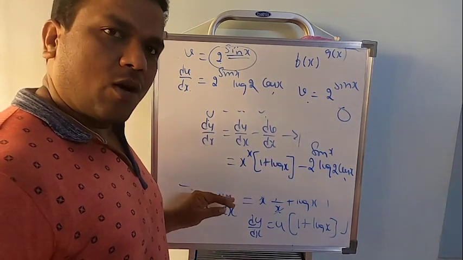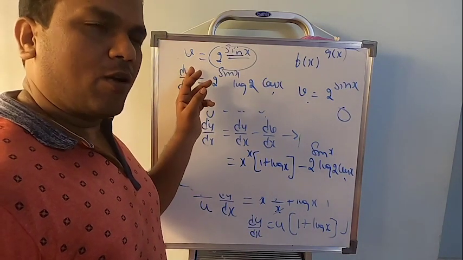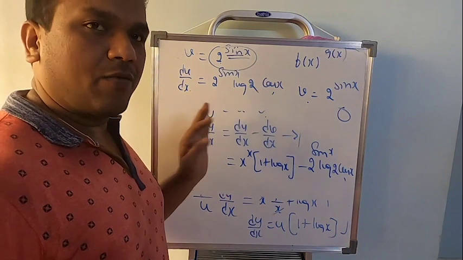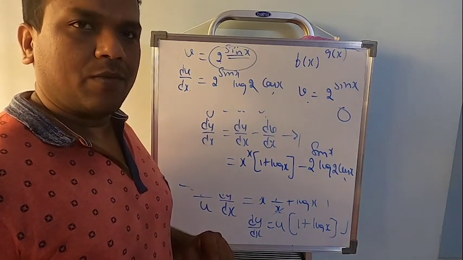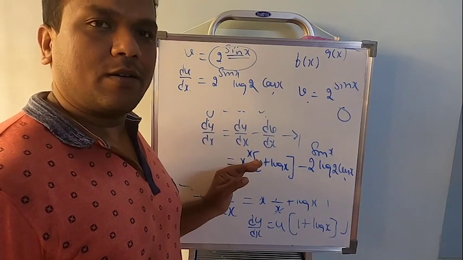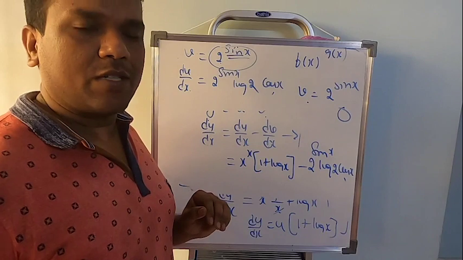Take u, apply log, find du by dx. Take v, if it is possible, if you want, apply log, otherwise directly differentiate and find dv by dx. Afterwards substitute back in equation number 1. So this is actually the important problem. These kinds of problems are going to be important under logarithmic differentiation.